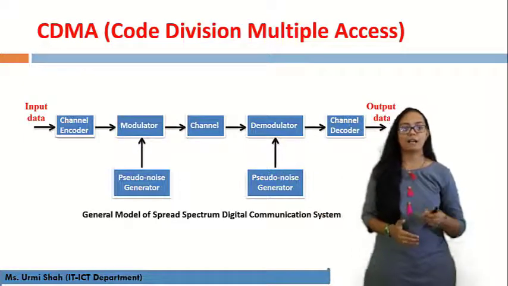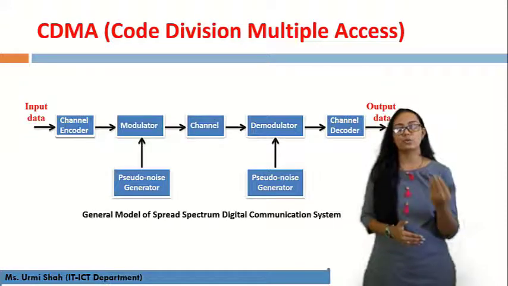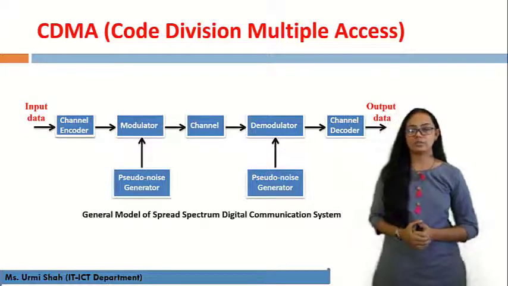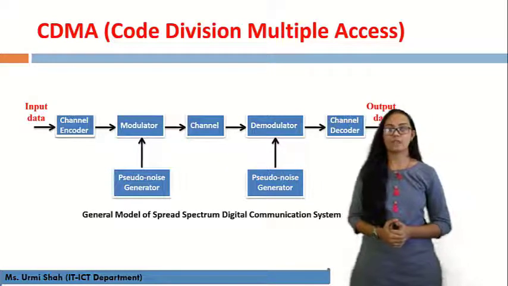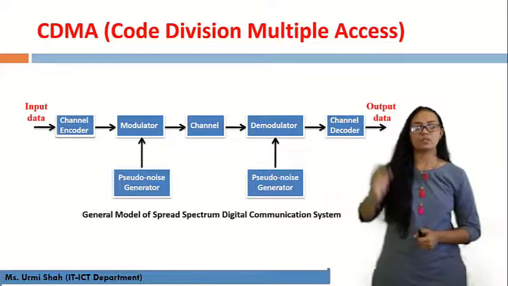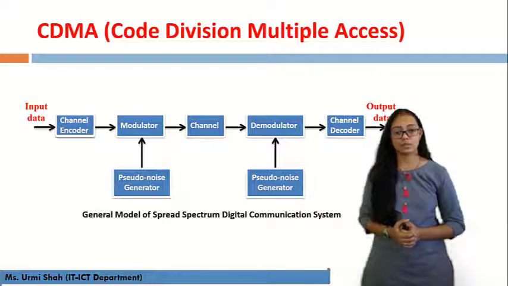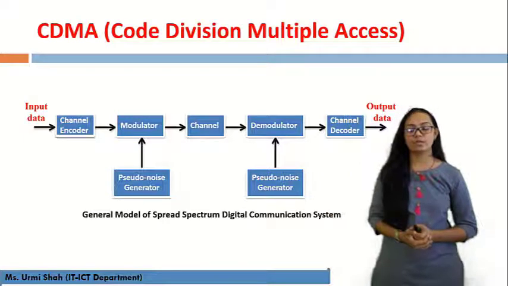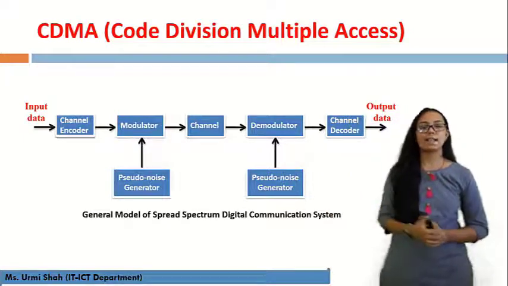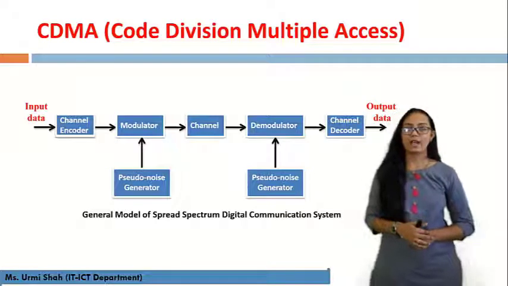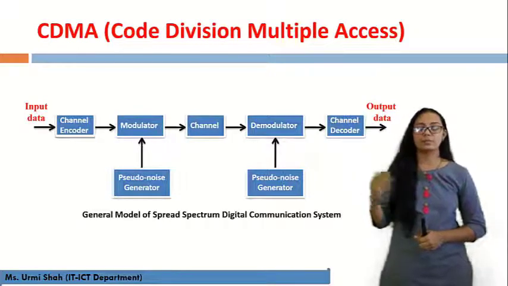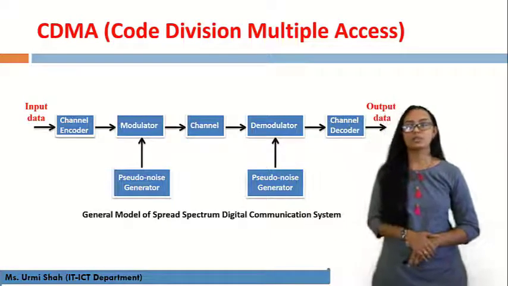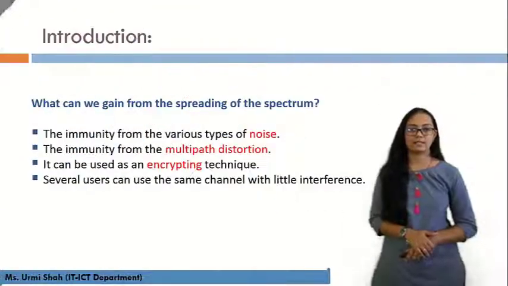In the modulator, you will have mixing of the input and the pseudo-random noise generator sequence, and the output of the modulator is processed to the channel section. The channel section then passes it to the demodulator section, which has an input from the pseudo-noise generator, and finally the output will be present in the channel decoder circuitry. So this will be the output data signal which is generated using the code division multiple access technique.